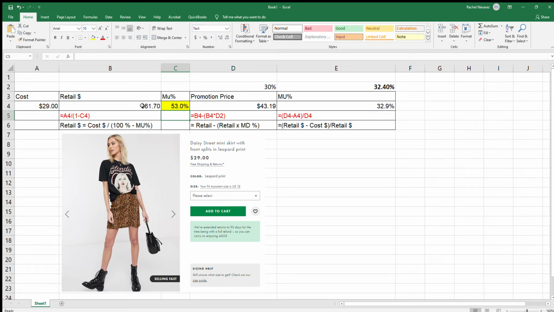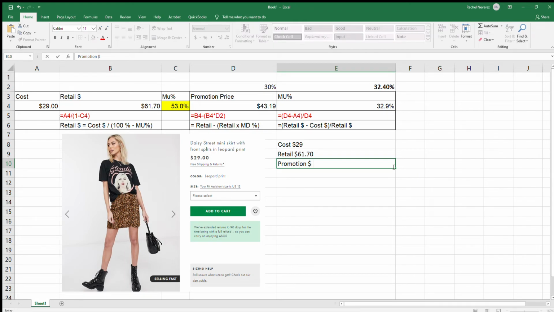So you can set up this sort of calculator, so to speak, and then you can plug every one of your products in. So my skirt, right? I would turn in my project and say cost is $29, retail is $61.70, promotion price. I don't think I asked for the promotion price as part of your project, but you do have to calculate that to make sure you're still hitting your markup.